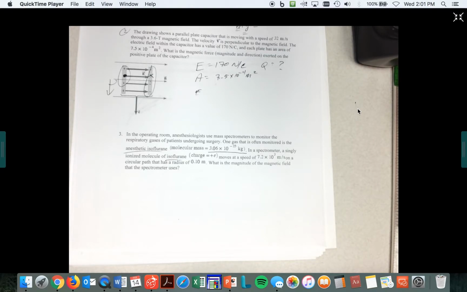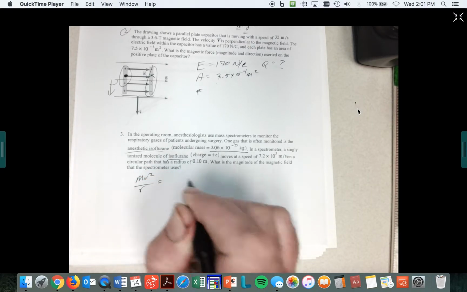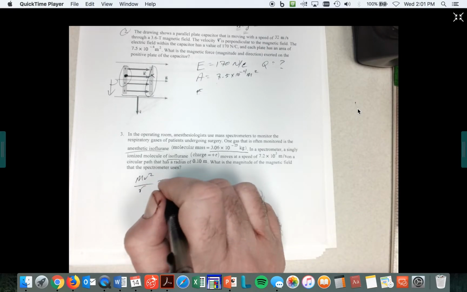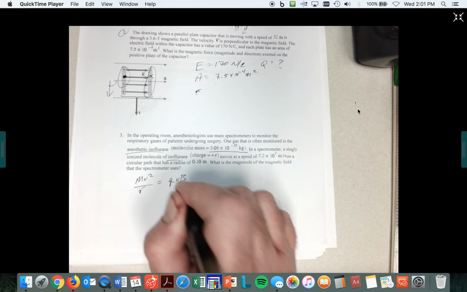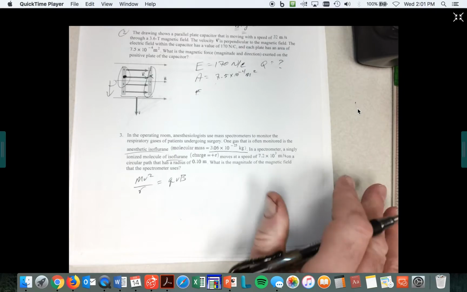What is the magnitude of the magnetic field? Well, I know that mv squared over r is equal to qvB. What are we looking for? We're looking for B. Nothing to that.